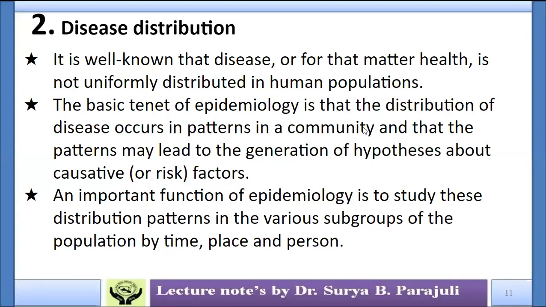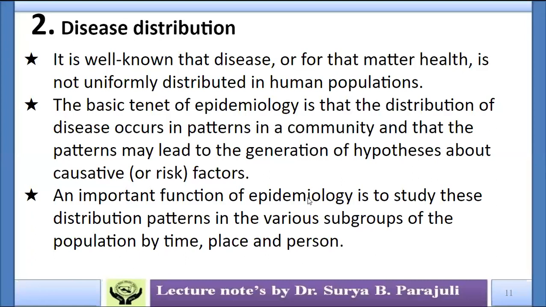So we have the highest number of cases in other provinces; it's actually the lowest number of cases in province number 1. The pattern is different. Maybe the age group of people suffering from COVID-19 is different in different provinces of Nepal. So there is a pattern in a community, and that pattern may lead to generation of hypotheses about contributing factors.